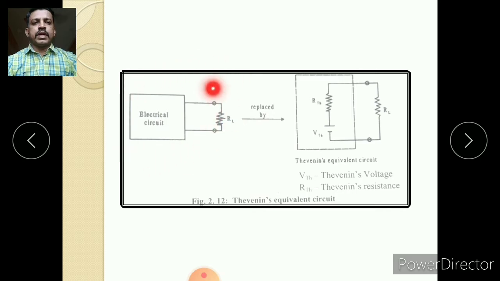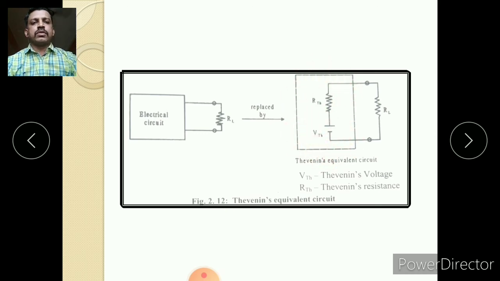Here we say that the electrical circuit is like this. Here is the output load resistance. So this total electrical circuit can be replaced by a series combination of the equivalent voltage source VTH.